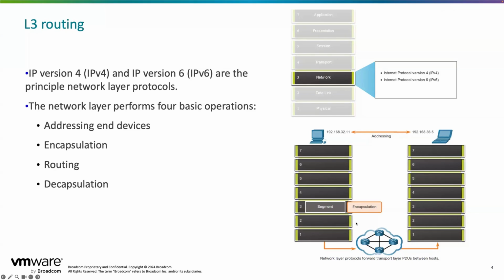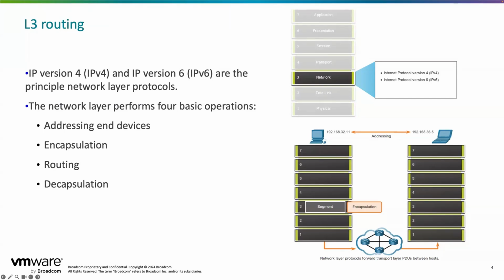This is encapsulation. On the contrary, we have decapsulation from the lower layer to a higher layer. We just get rid of the IP header, retrieve the real data, and send it to the upper layer, which is layer 4.